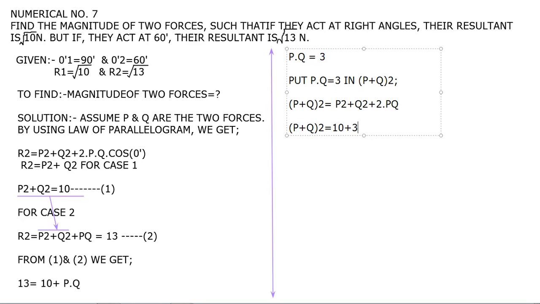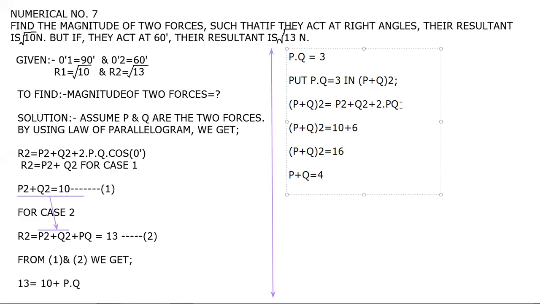So therefore, 2PQ is equal to 6, right? So therefore, P plus Q whole bracket square will be equal to 16. And therefore, P plus Q will be equal to 4, right?